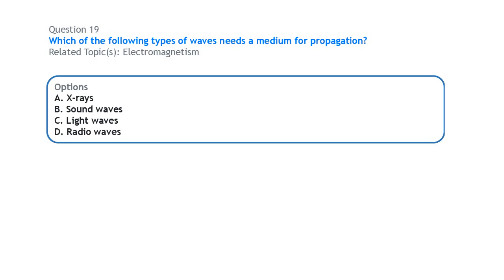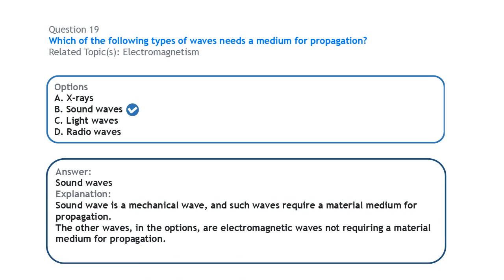Now the question is, which of the following requires a material medium for propagation? That is going to be a mechanical wave. From these options, which one is a mechanical wave? That is the sound wave. The sound wave is a mechanical wave. It requires a material medium for propagation. The other options are electromagnetic waves. They do not require a material medium for propagation.